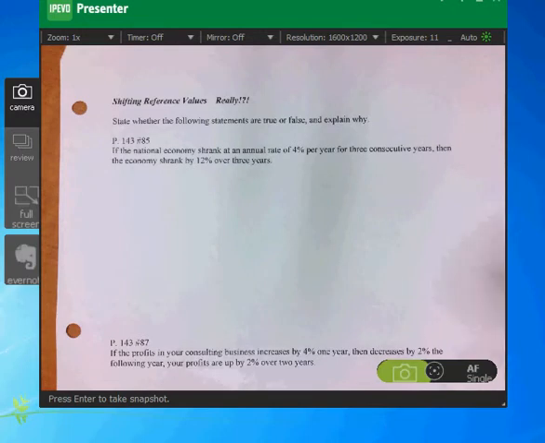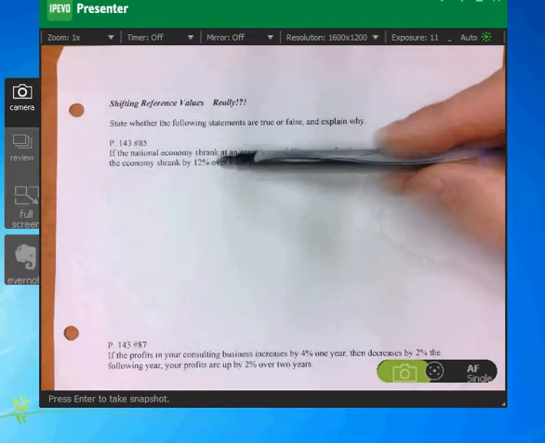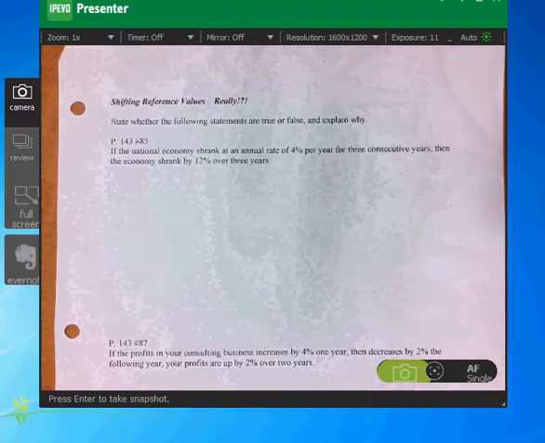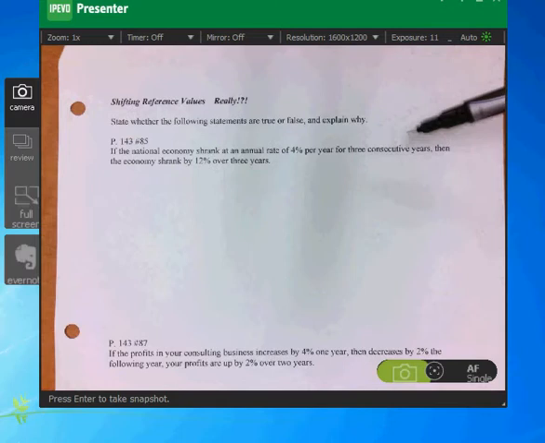So common sense would say, all right, 4% for 3 consecutive years, 4% times 3 years is 12% over the 3 years. So that's what we're trying to say. Hopefully by now you figured out that if we're taking a percent increase or decrease each year, that means we're lowering our figures, and you get different numbers, right?